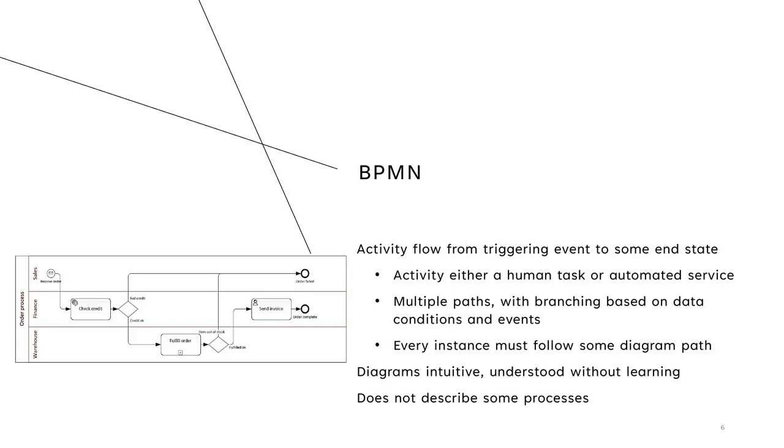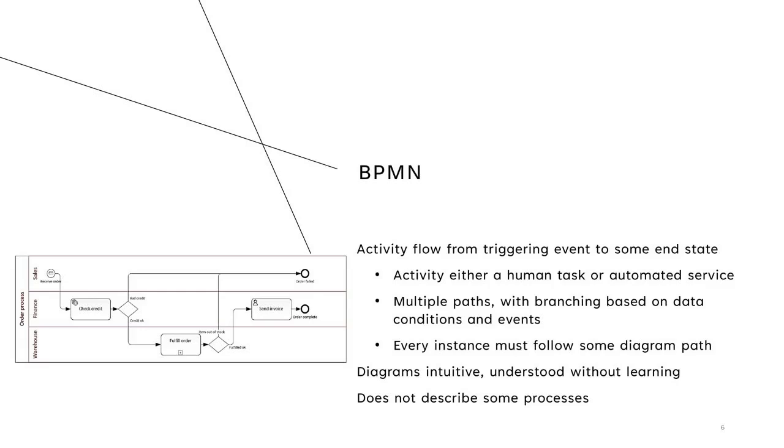BPMN was the first. BPMN describes a process as a flowchart of actions leading from some defined initial triggering event to one of several possible end states. Each action, a rectangle in the diagram, typically represents either a human task or an automated service, unifying human workflow and EAI in a single process model.